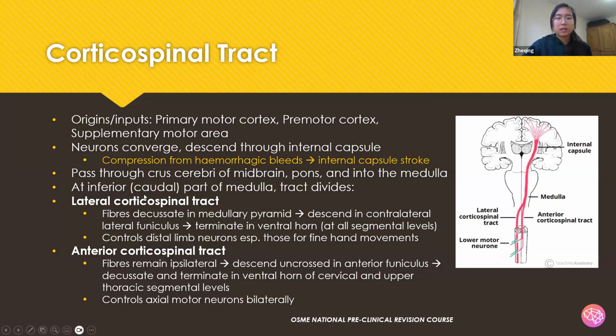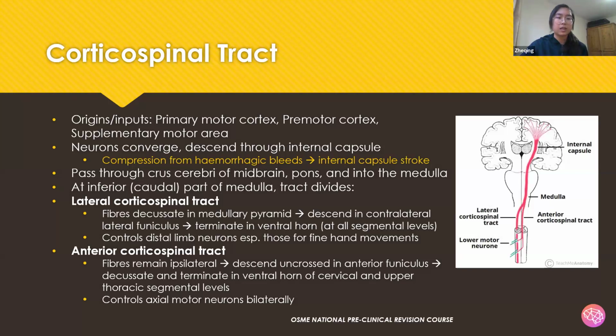Then the important thing is that it divides into lateral and anterior. The lateral fibers, as I mentioned earlier, decussate and descend contralaterally in the lateral funiculus, and so they control the contralateral distal limb muscles.